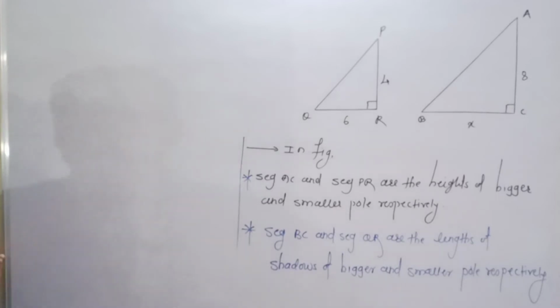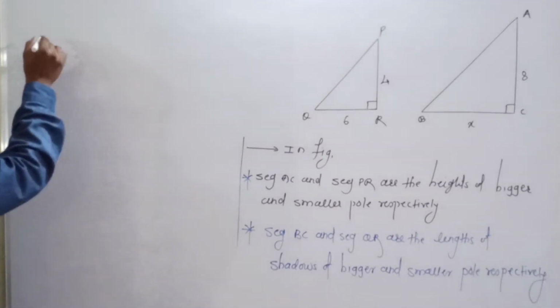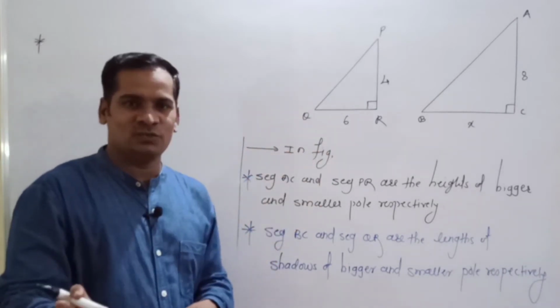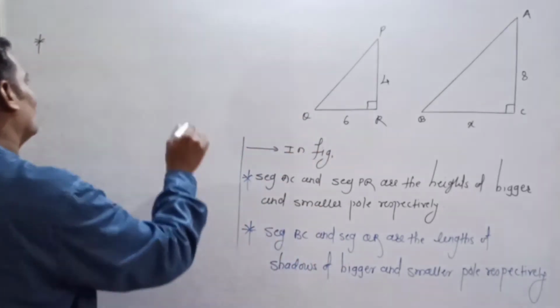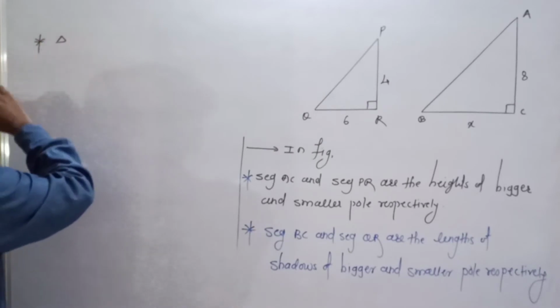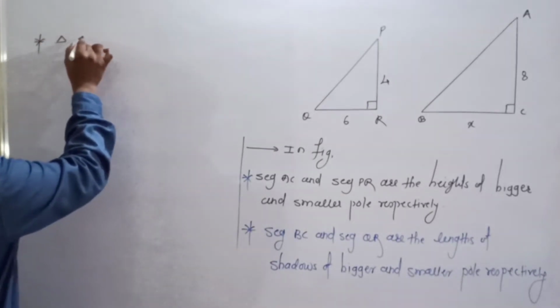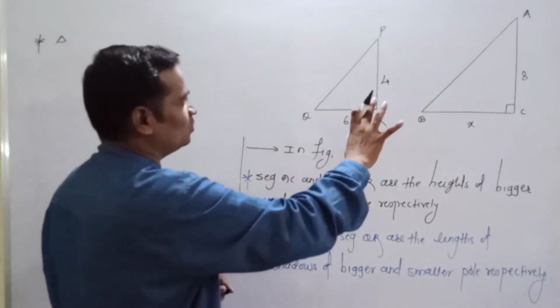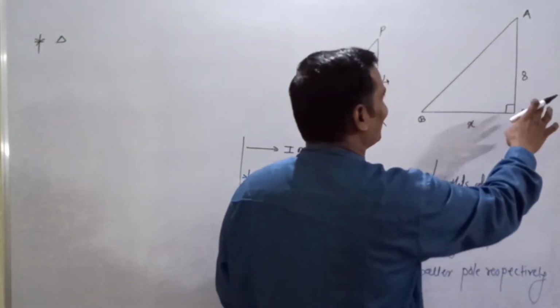So let's take that the two triangles are similar directly, because these two triangles are formed by natural conditions, so there is no need to prove that. We will take the two triangles according to our convenience.